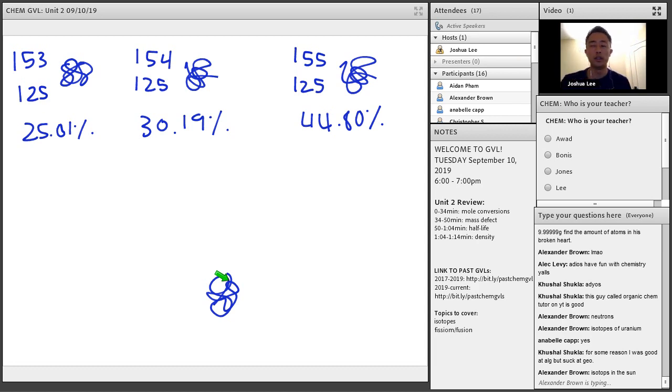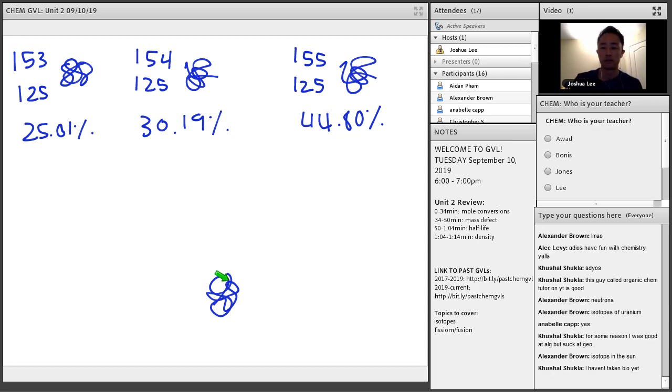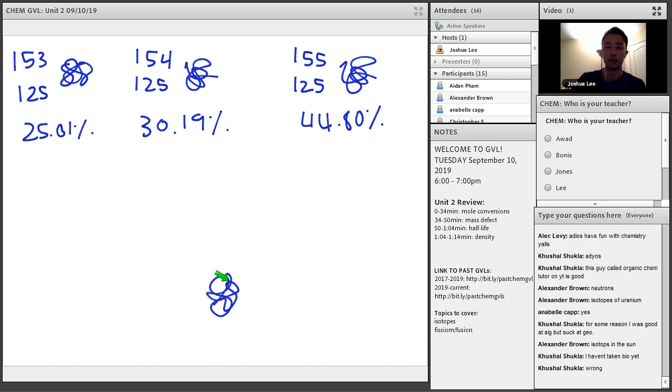That usually is the case with most people. Just like bio and chem, if you're good at bio, then chem's a little bit different. People who are good at algebra tend to struggle with geometry. Well, we'll see if you're good at chem, then maybe bio will be a struggle. Maybe you're just good at everything. Then we might as well call you Mr. Lee then. Haha. Wrong. You're wrong. Do this problem.